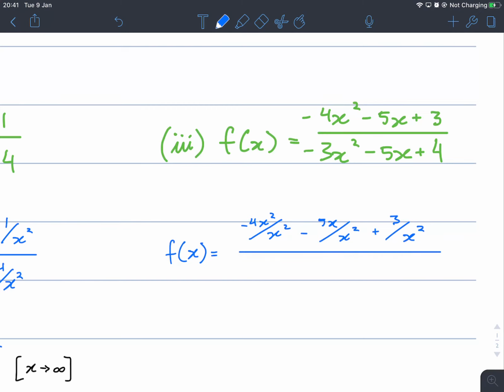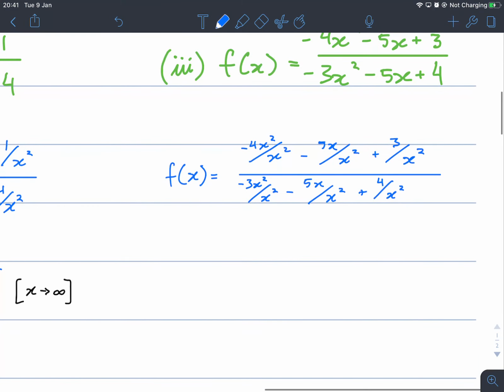That's the numerator. Let's do the denominator now. It's going to be negative 3x squared divided by x squared, minus 5x divided by x squared, plus 4 divided by x squared.